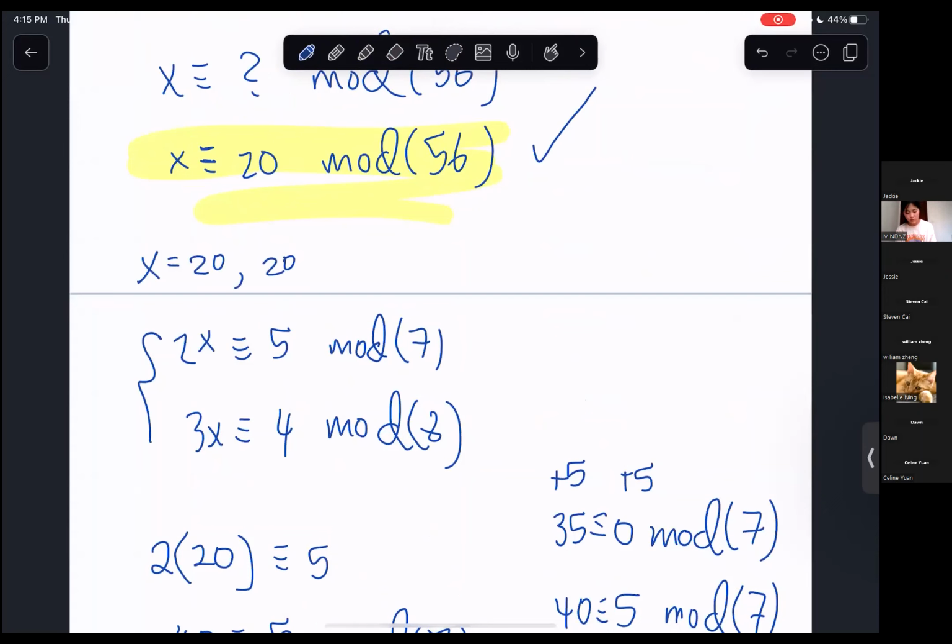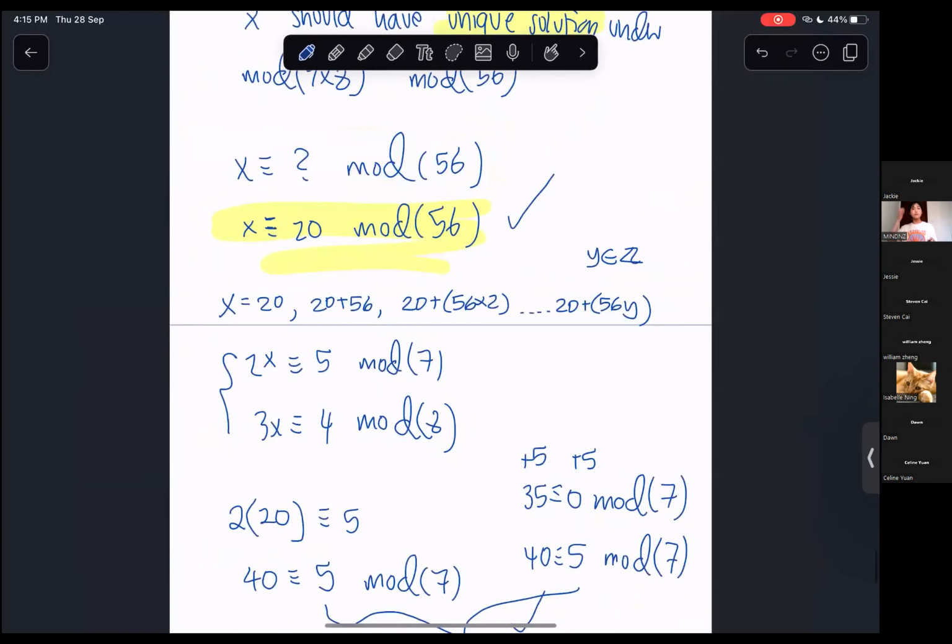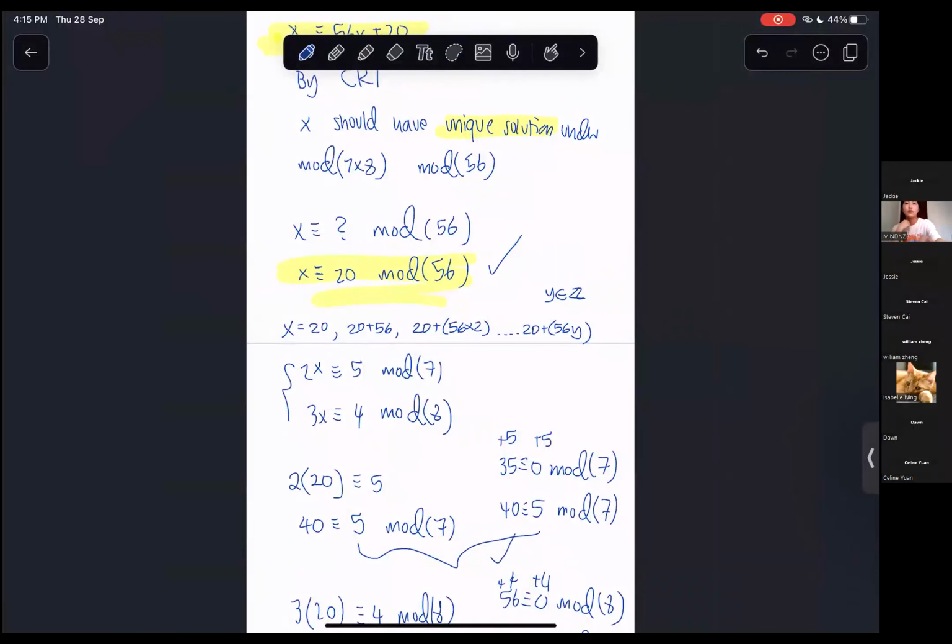It could be equal to 20 plus 56, it can be equal to 20 plus 56 times 2, or 20 plus 56 times y, where y can be any integer at all. So there's an infinite number of actual solutions, but the commonality between all of them is that they give 20 when they're divided by 56.